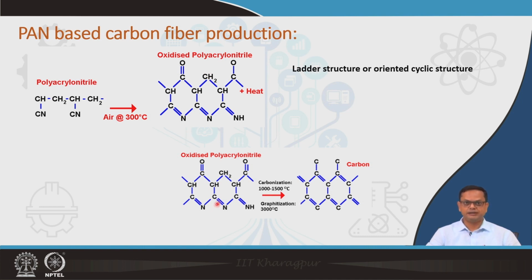So, you can see here, this oxidized polyacrylonitrile ultimately, because of carbonization and graphitization, gets a perfect graphitic structure or a graphene structure with hexagonal rings where only carbon atoms are present. Okay. So, that is the basic synthesis technique of carbon fiber, where the precursor is PAN.